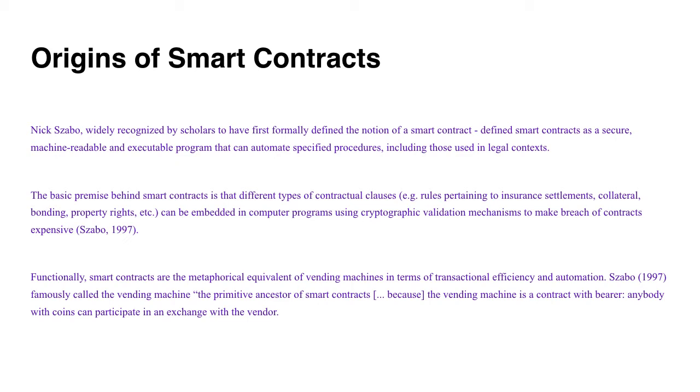Functionally, he described them as metaphorical equivalents of vending machines in terms of transactional efficiency and automation. He says the vending machine is the primitive ancestor of smart contracts, because the vending machine is a contract with a bearer. Anybody with coins can participate in an exchange with a vendor. It's very difficult to break, and so on.